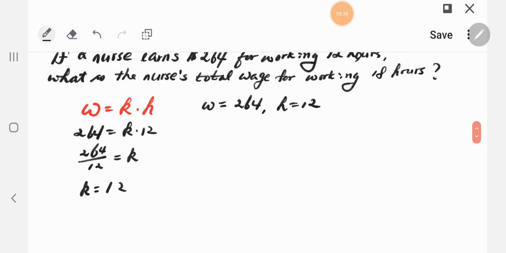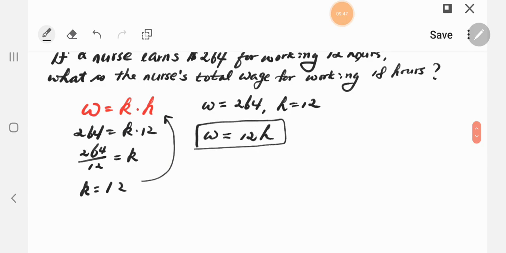From this one, let's plug it in. Then the equation will be W is 12H. So this is the equation.